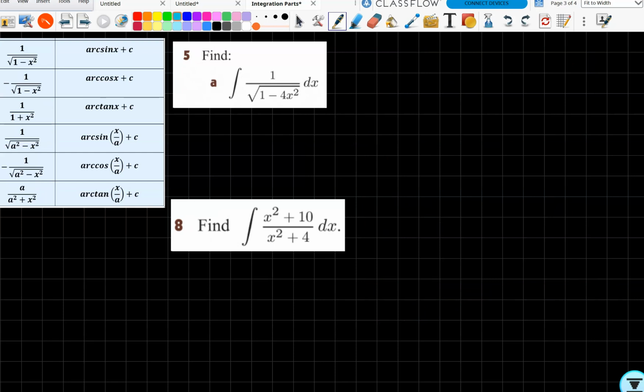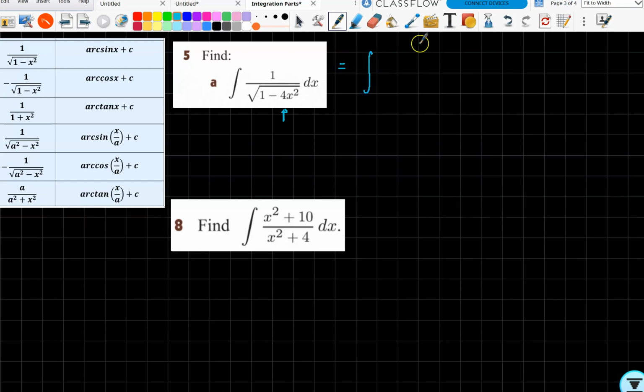Right, on to 5. So again, what rules could we use here for number 5? 1 minus 4x squared. Now the problem is this 4, and it doesn't fit our rules because none of them have the 4 out the front. So that's okay. Let's pull this out as a common factor.